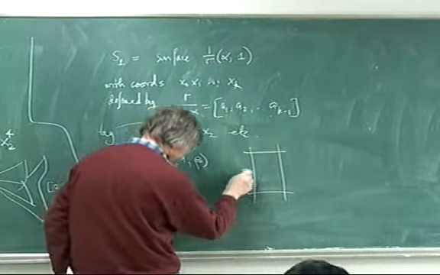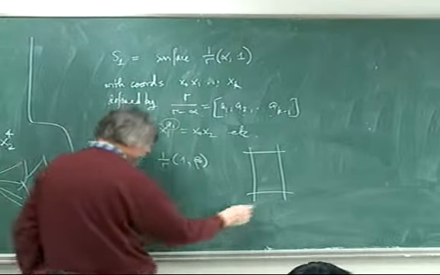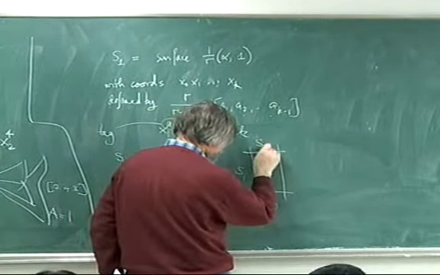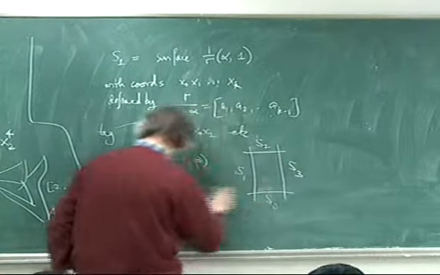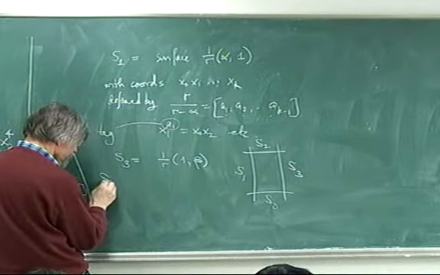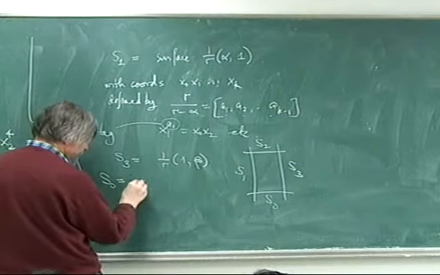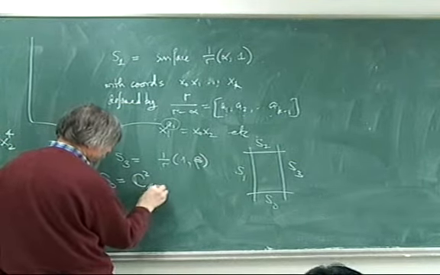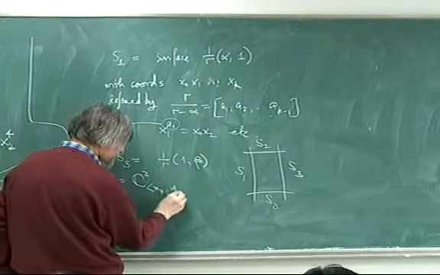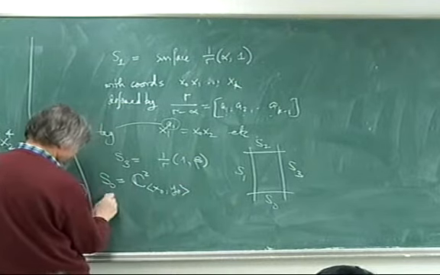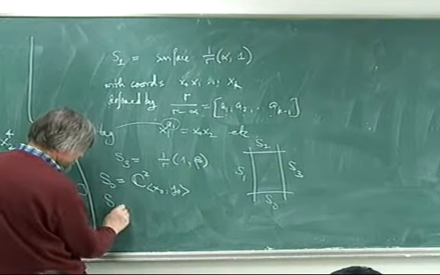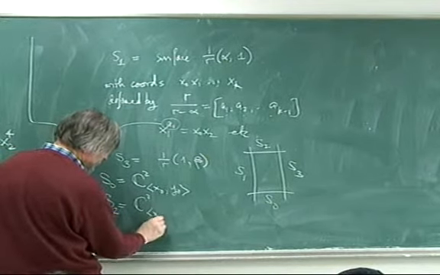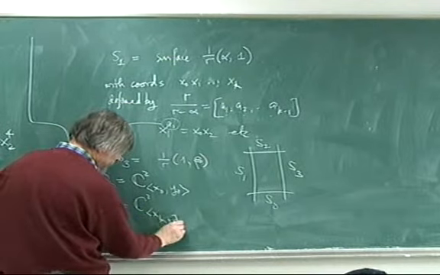So this is a union S0, S1, S2, S3, where S0 is C2, but it's C2 with coordinates x0, y0, and S2 is also C2 with coordinates xk, yl.